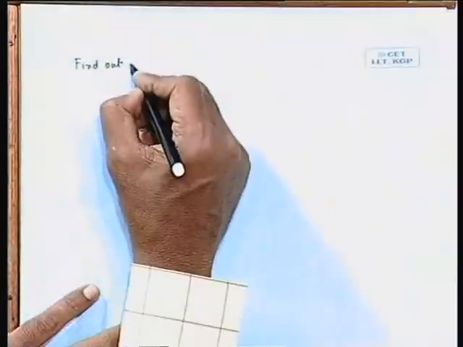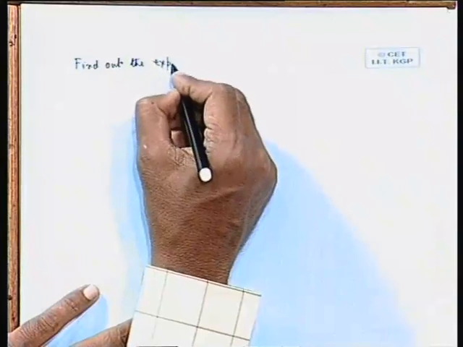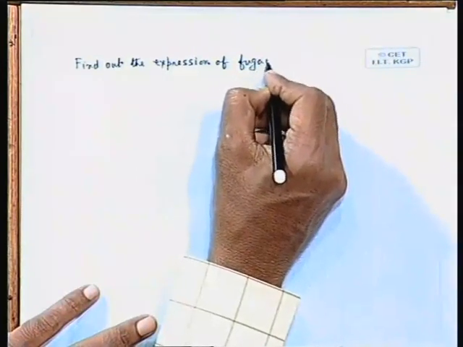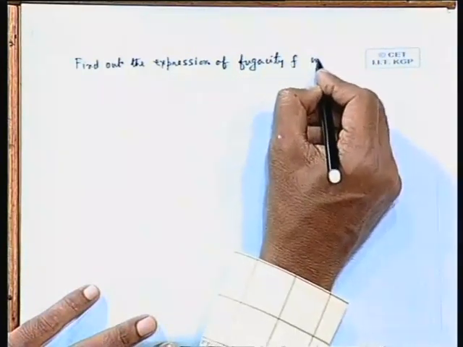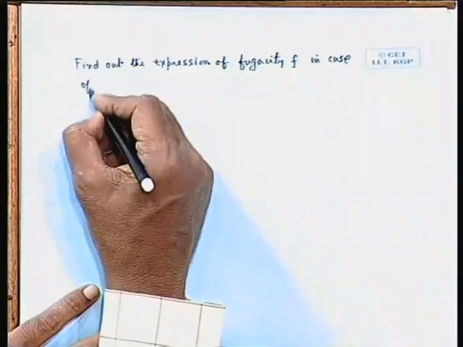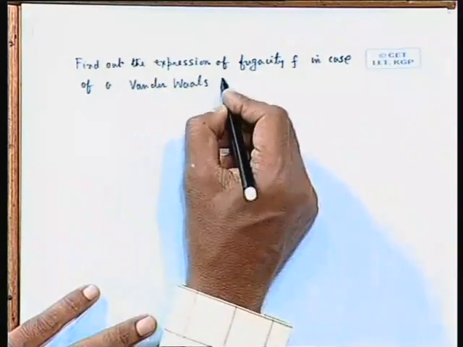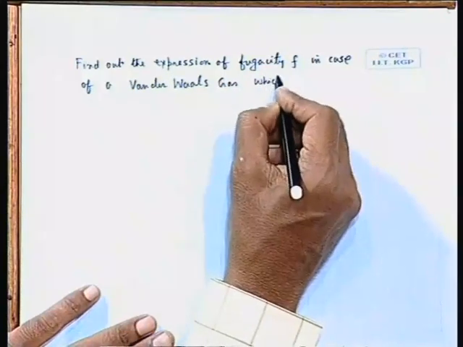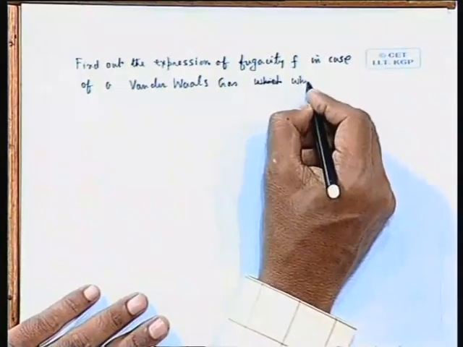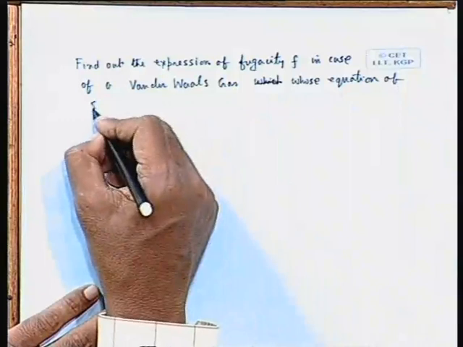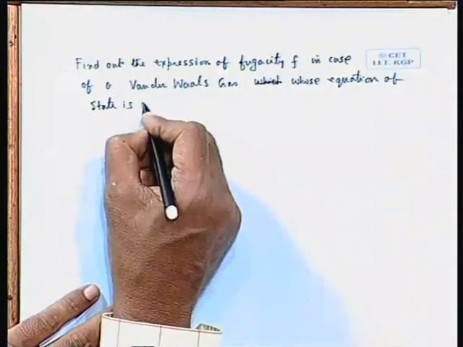Now let us have an example before proceeding further. Let us find the expression of fugacity F in the case of a van der Waals gas, whose equation of state is as follows.